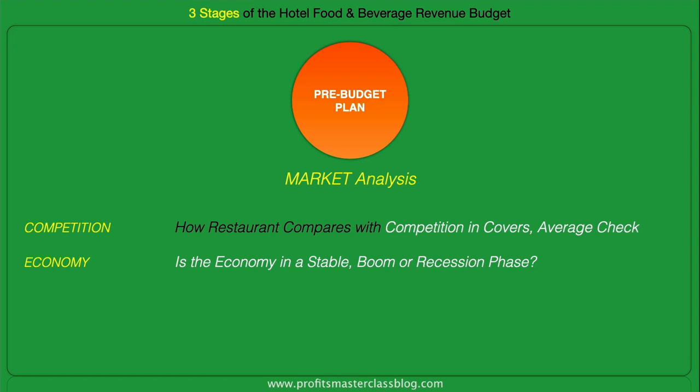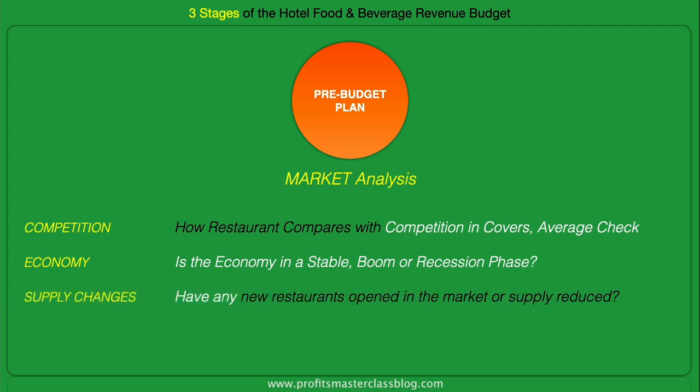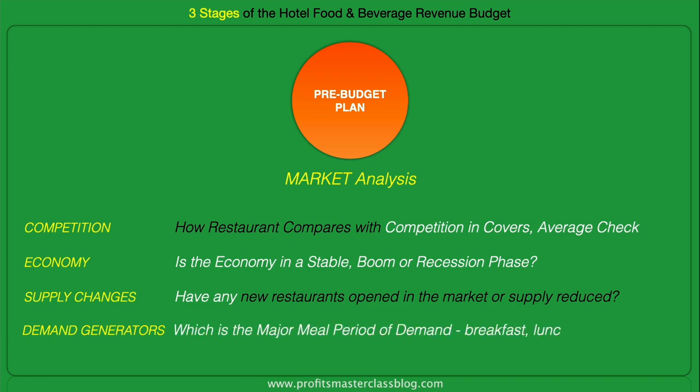Is it operating on a boom level or a recession phase? And then supply changes. Are there any new restaurants opened in the market you operate in? And that would, of course, affect your pricing, your covers served, and so on. Has supply reduced in any way? On the other hand, you look at demand generators, which are the major meal periods of your demand. Breakfast, lunch, and dinner are, of course, the most common meal periods.